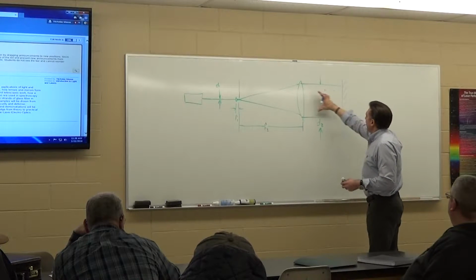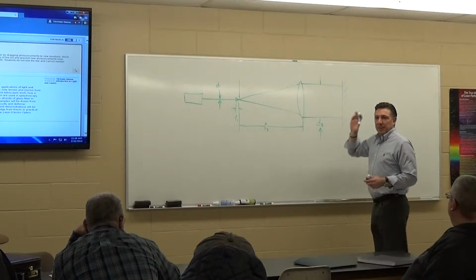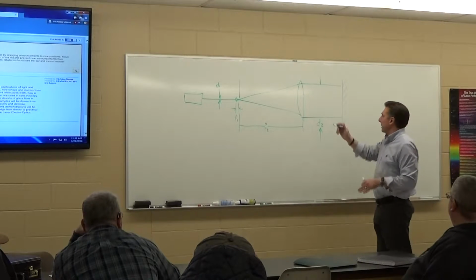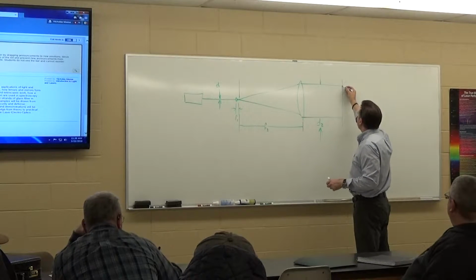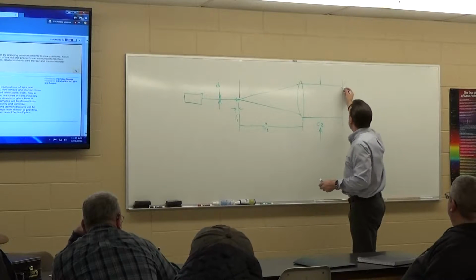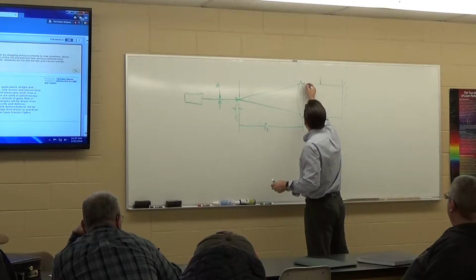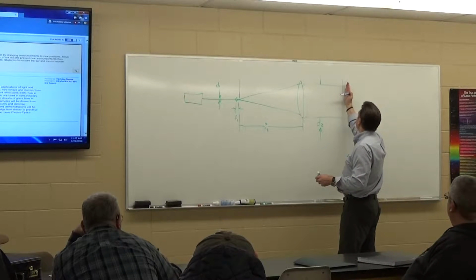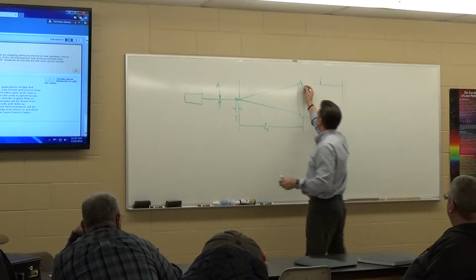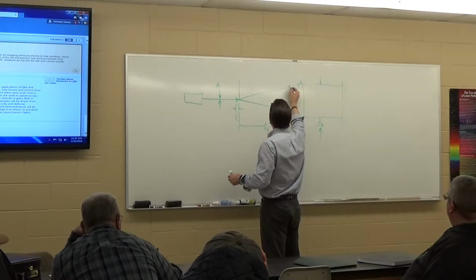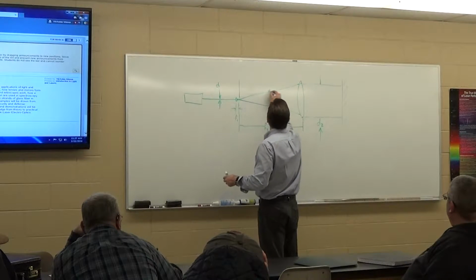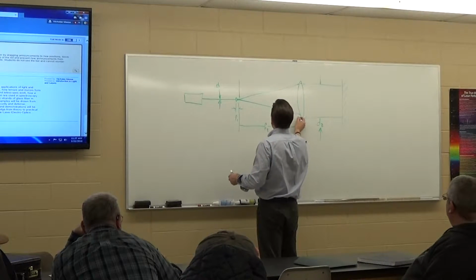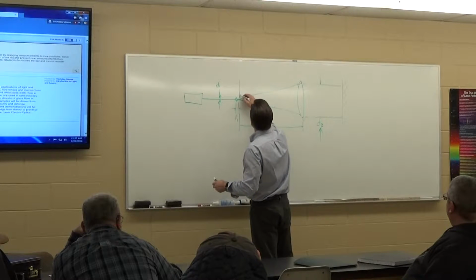If this beam is perfectly collimated, perfectly straight, then when you reflect it off of a flat mirror, that beam will retrace its path. And if you put a little bit of a tilt into this so it comes off axis, it should come right back to focus just off axis, because you're tilting it right at that card.